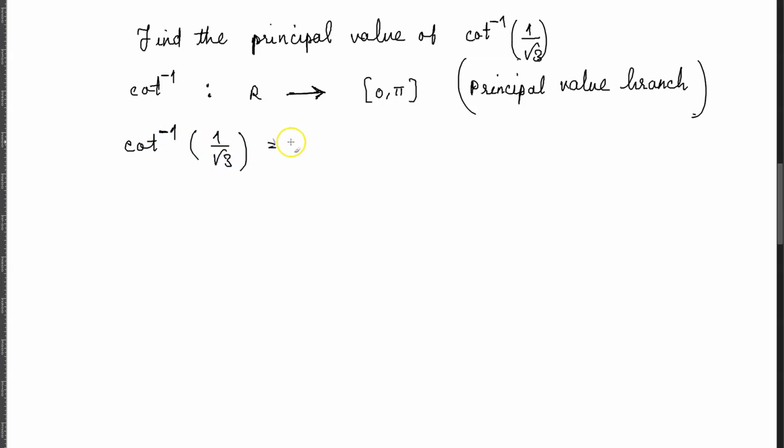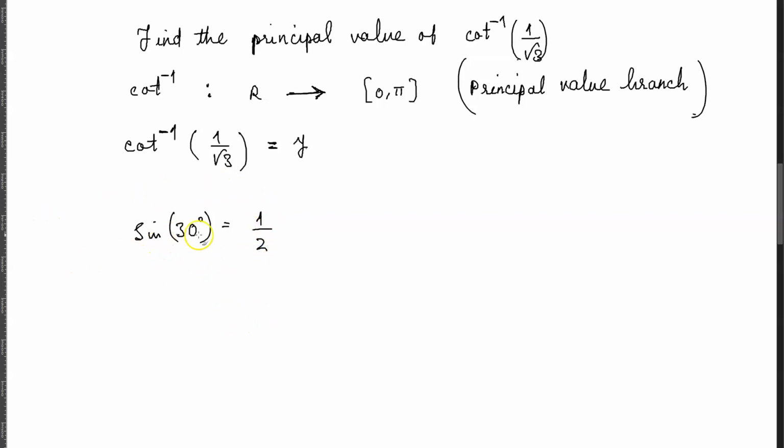Now, if I say that the cot inverse of 1 over square root of 3 is equal to some y, then that means cot of y is that value. And of course, in case we haven't talked about this, suppose I say that the sine of 30 degrees is equal to 1 by 2, right?